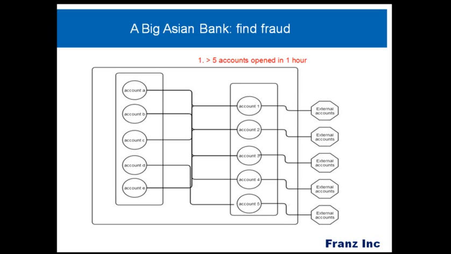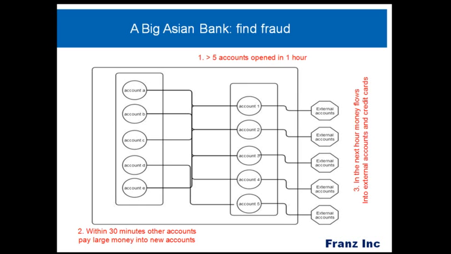So a pattern that you might look for is, say, give me more than 5 accounts opened in 1 hour, and then within 30 minutes, other accounts pay large money into these new accounts, and then in the next hour, money flows into external accounts and credit cards.